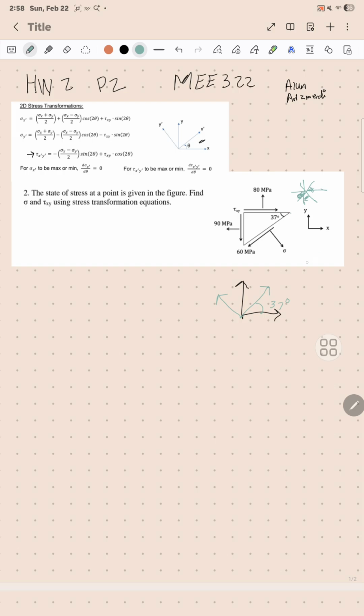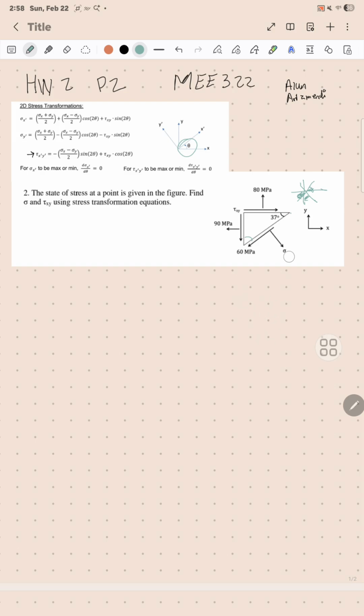Otherwise, you could find this angle, and you could make that match over here. Make this 37 degrees and this 53 degrees. And in order for it to use it on the equations, you would have to be using that 53. And it's going to be negative 53 because it's the angle from the x original to the x prime.